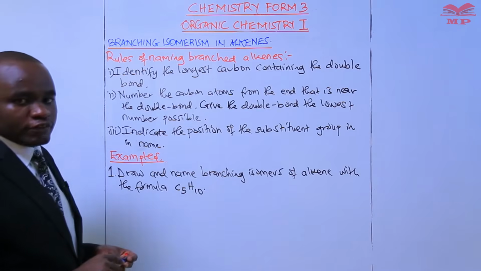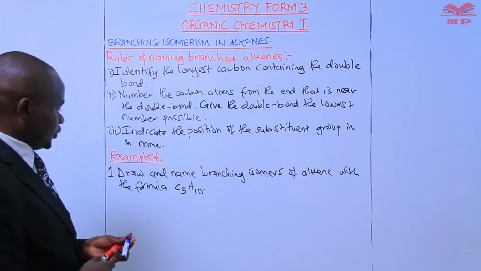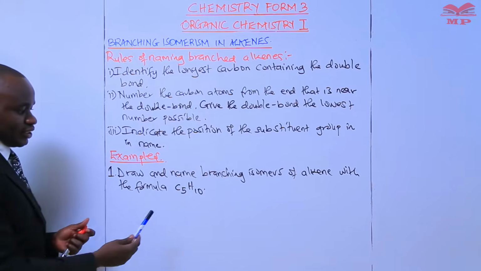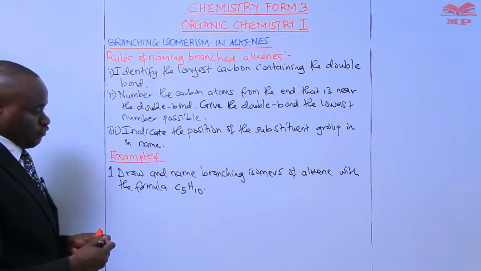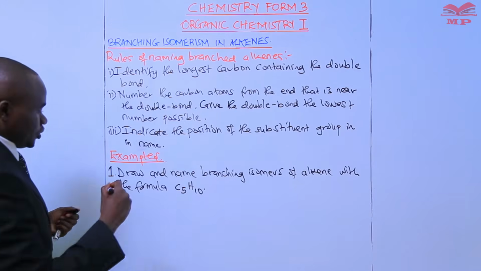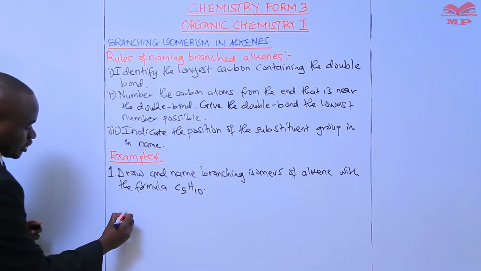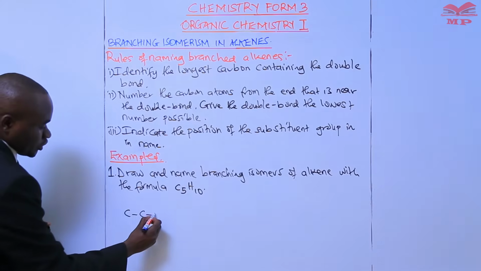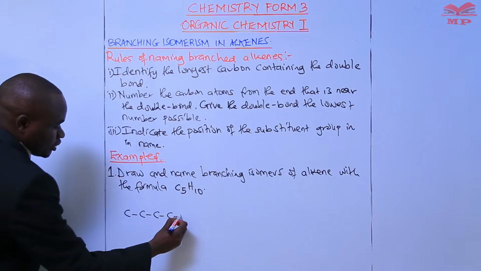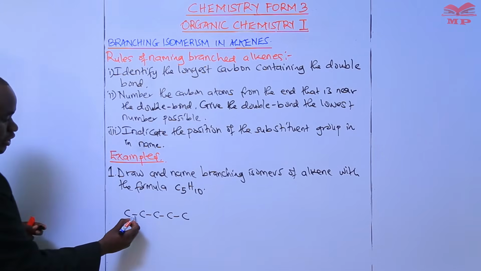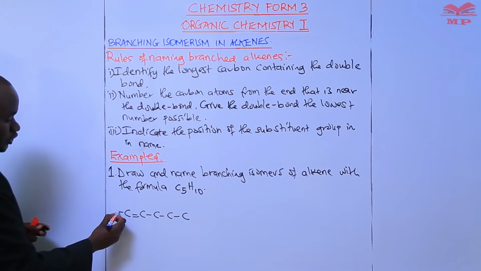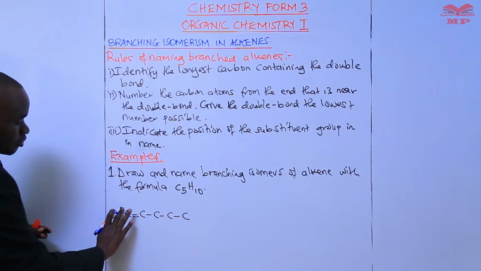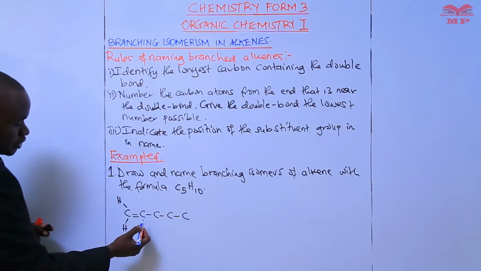So the first thing you do is you start by drawing that alkene that has 5 carbon atoms. So we shall start by drawing the carbon atoms like that. There are 5, and then you locate the double bond between the first 2 carbon atoms like that.